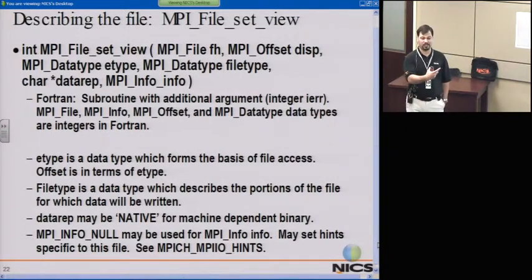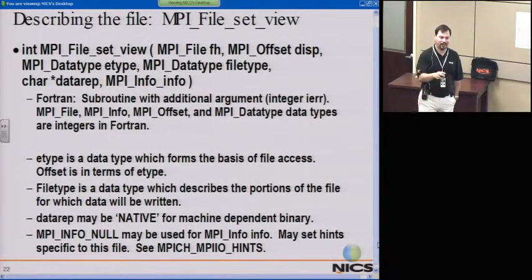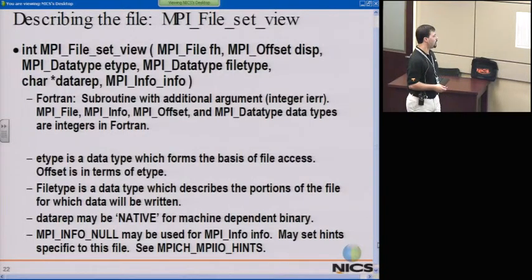This is the data type that defines the units of the file access. So if it's a double, it's 8 bytes long, and if it's an integer, it's 4 bytes, and so on. Now, the MPI data type filetype controls what portions of the file you can look at. The process can either read or write only these portions. I'll go into more detail on that in a second.